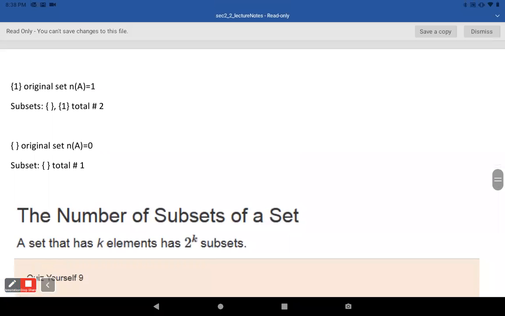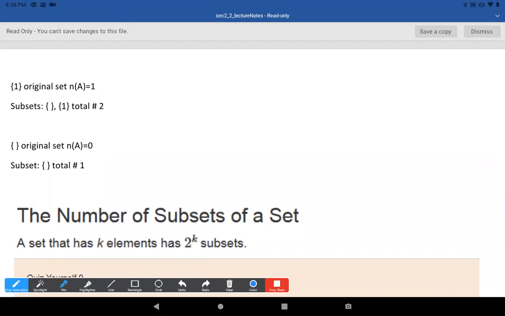If we started with a set that was only 1 element, then all the subsets are the empty set, the container itself, and the set of size 1 that has the element 1.